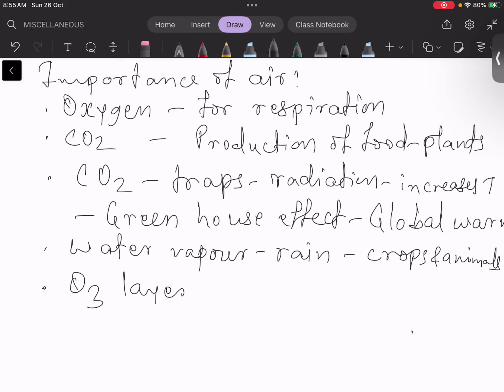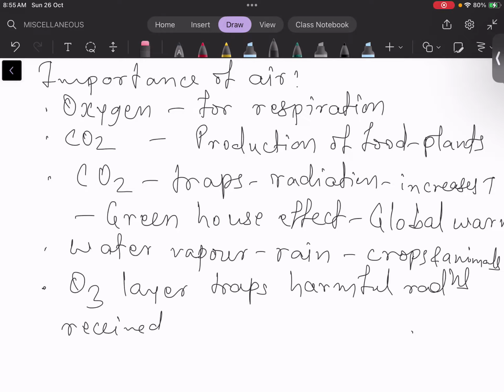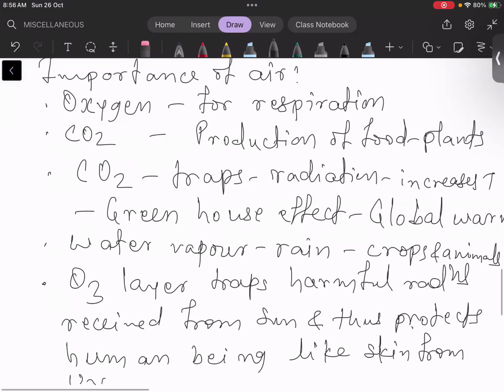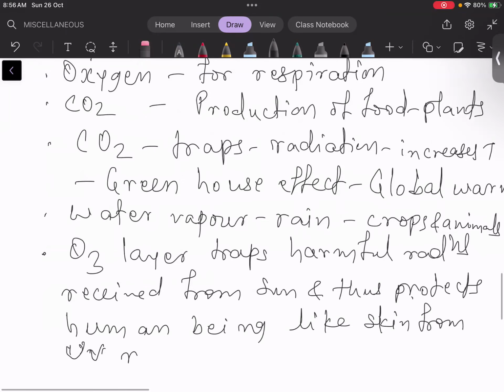The ozone layer traps harmful radiations received from the sun, and thus protects human beings, like their skin, from UV radiations.